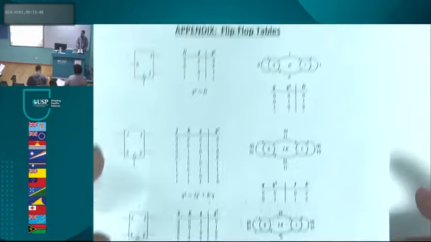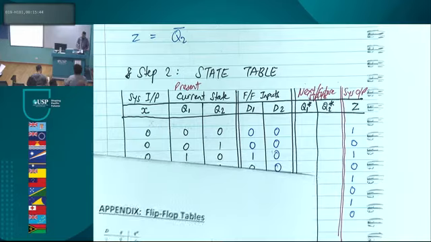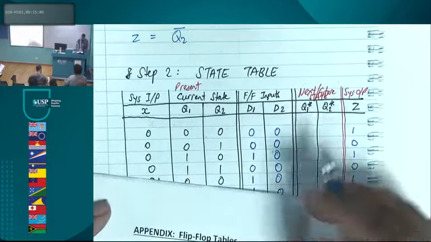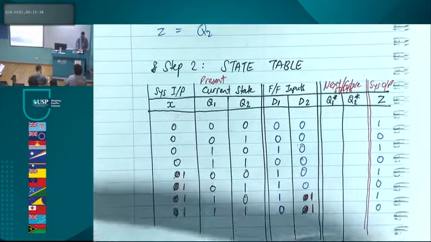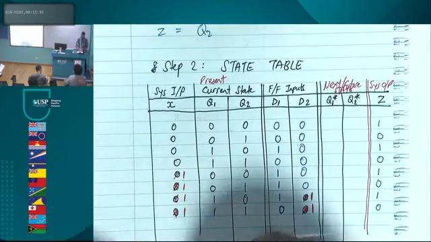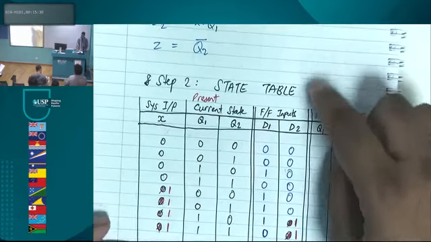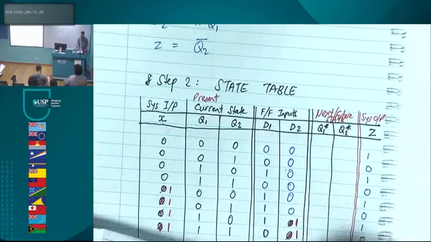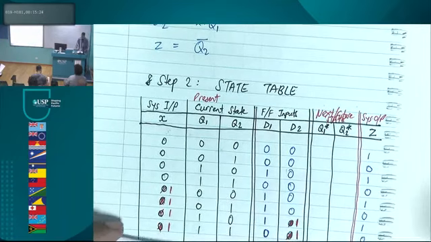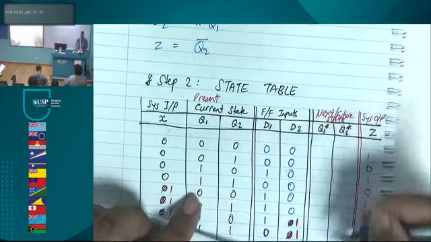Which flip-flop are we using? We're using the D flip-flop, right? Sometimes people draw a small flip-flop characteristic table right over there so they can refer straight to it. You can do that if you want. Now let's look at Q1 star.